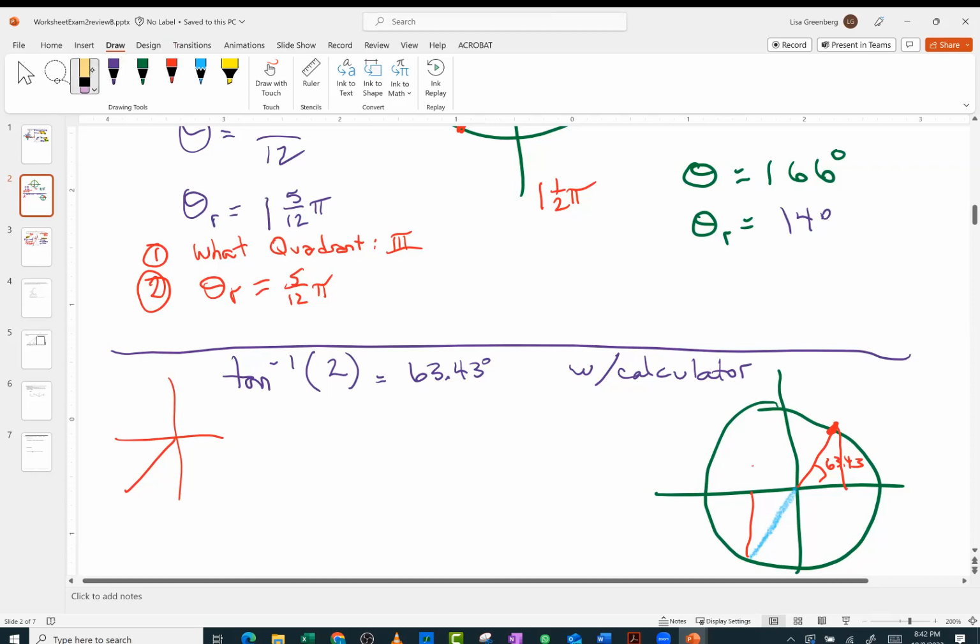That means this angle right here is 63.43, if that's what the calculator says. Otherwise this is just the inverse tan of 2, and this angle here is the inverse tan of 2. Without a calculator or with a calculator, it's still the same reference angle.